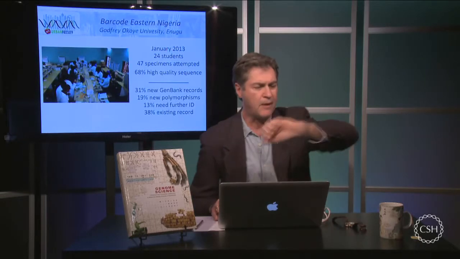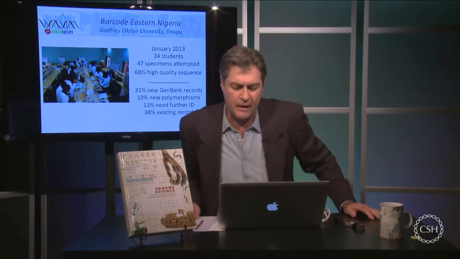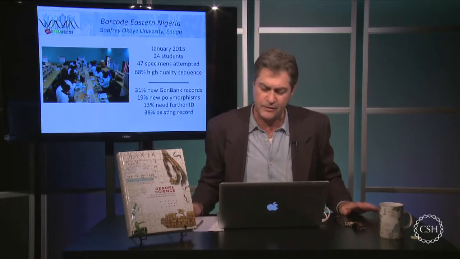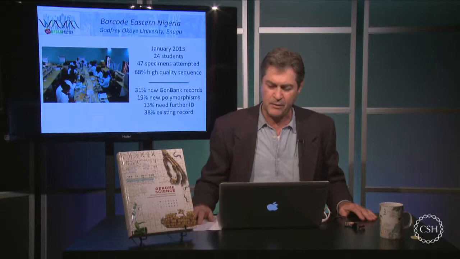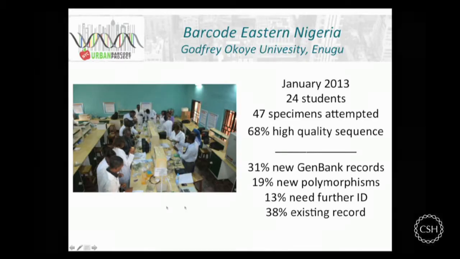Okay, here's the experiment that we're going to look at for the rest of the afternoon as a little example of what you could do. In January, I went to Nigeria. I worked in a lab in the eastern part of Nigeria, in the city called Enugu. We collected over 40 specimens.